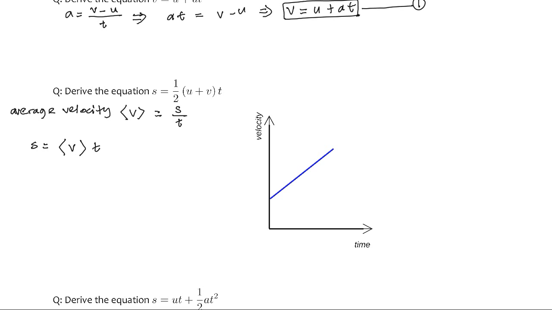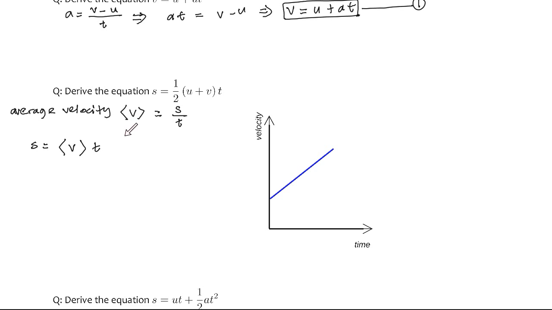But what is the average velocity in a case where the object is accelerating constantly? Whenever we have a quantity that is changing at a constant rate, the average of that quantity is the midpoint between the starting value and the final value of that quantity.